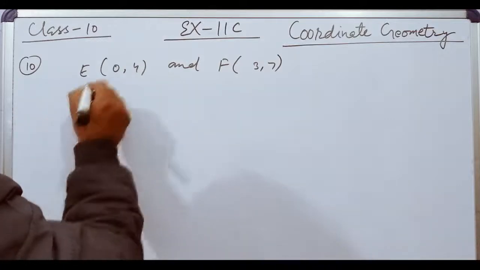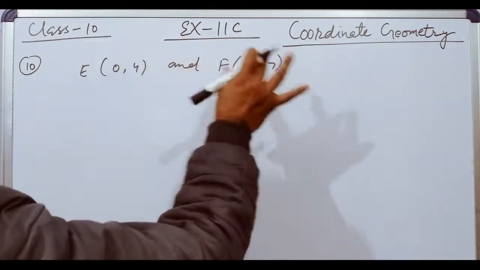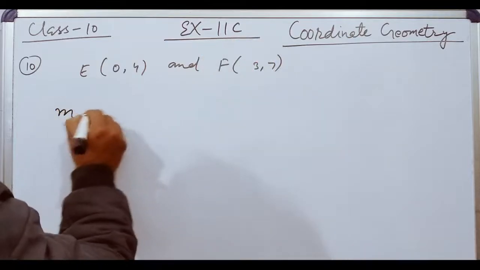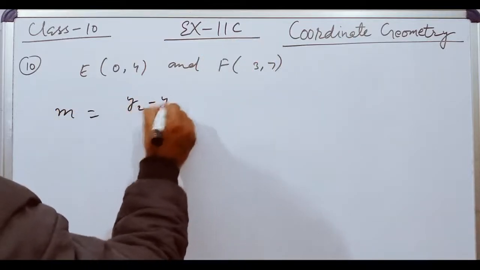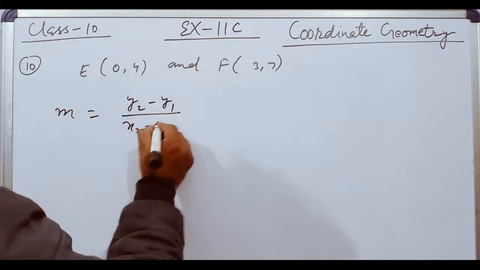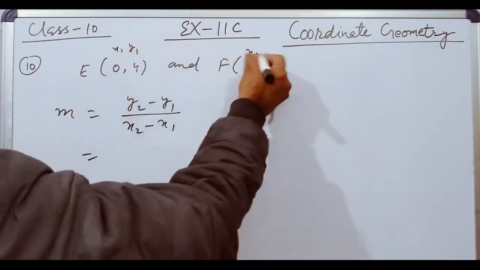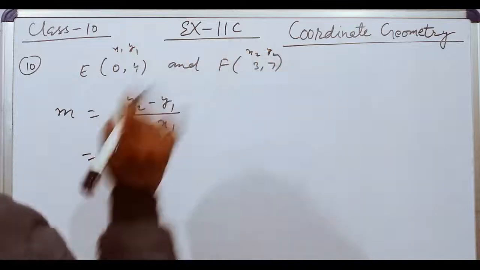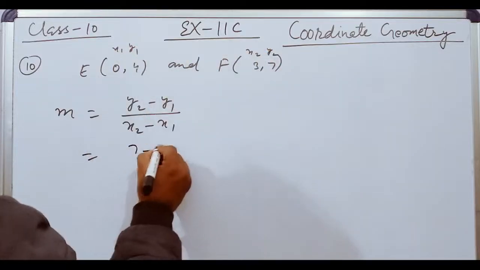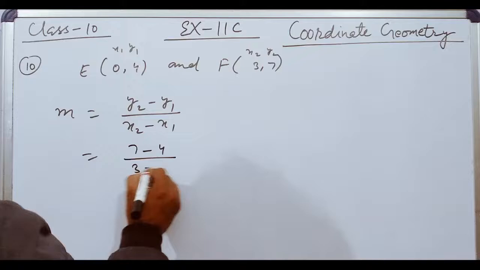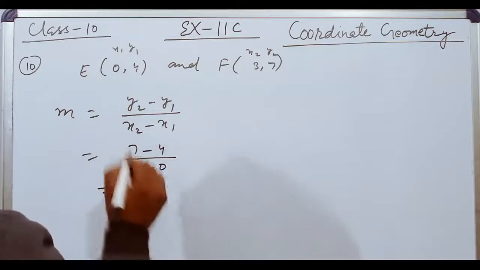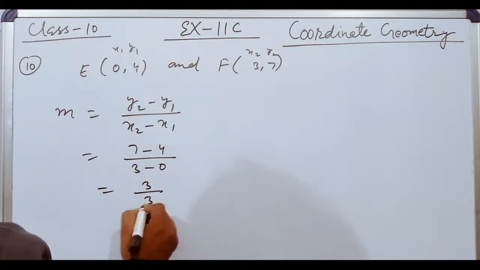Two points are given, so we have to find the slope. How? m equals y2 minus y1 upon x2 minus x1. Then y2 minus y1, 7 minus 4, upon 3 minus 0. 7 minus 4 means 3 upon 3.